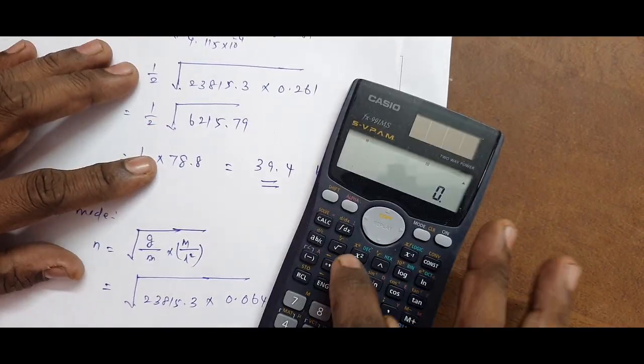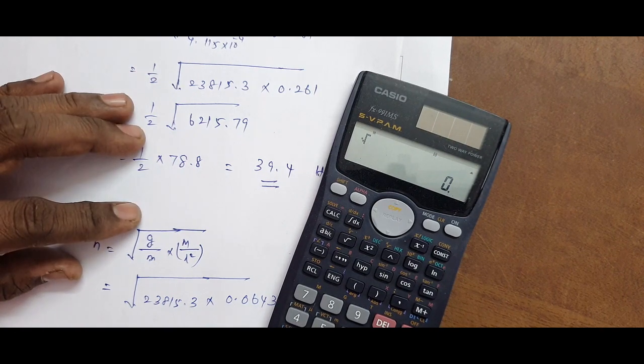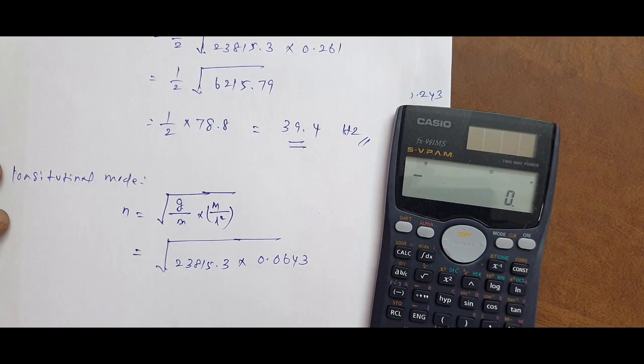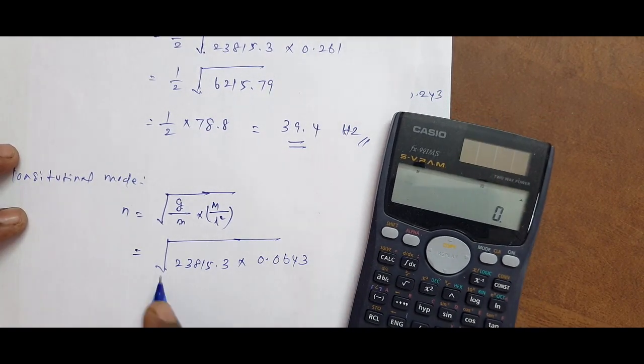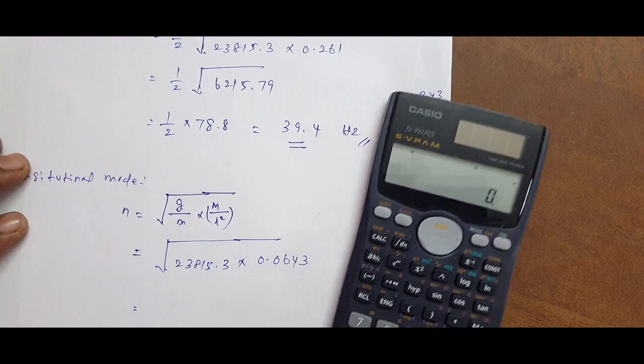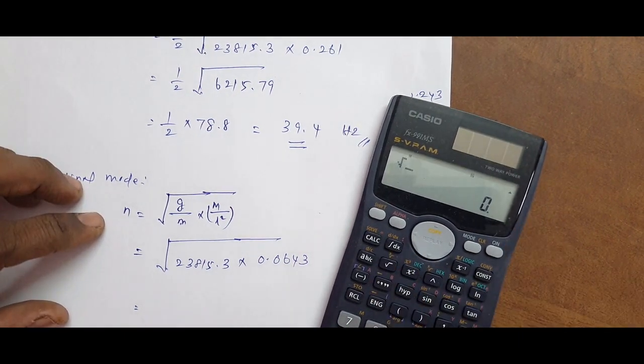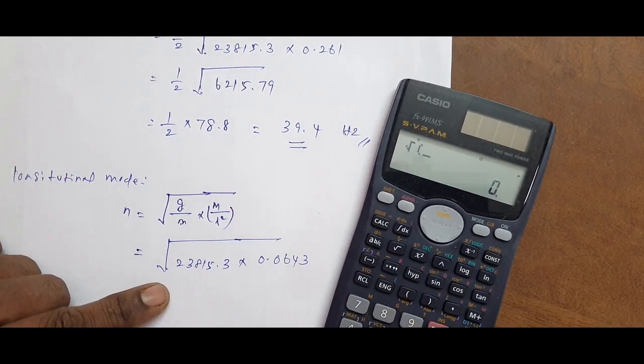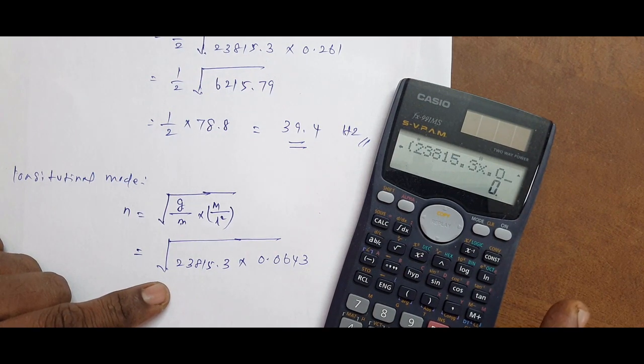Now root of 23815.3 into 0.0643, close the bracket.